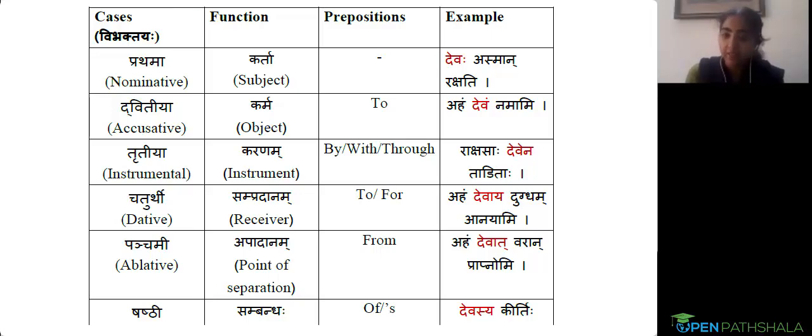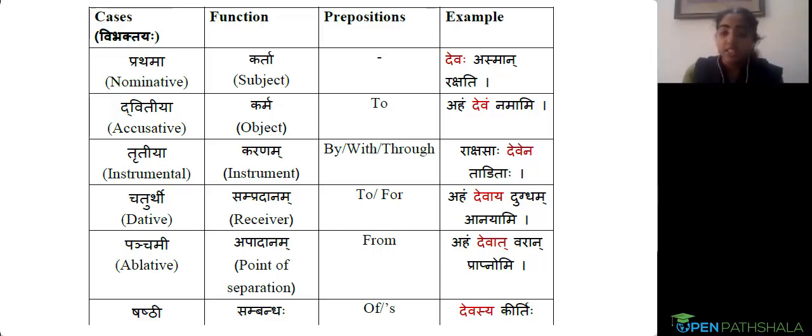So that word, Devam, is used in the Dvitiya vibhakti or the second case. So the same word, Deva, when used as Devaha, will mean the subject of the sentence, and when used as Devam will mean the object of the sentence. Is the concept getting clear?